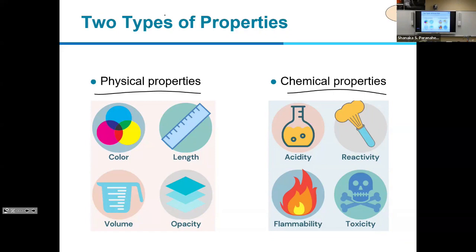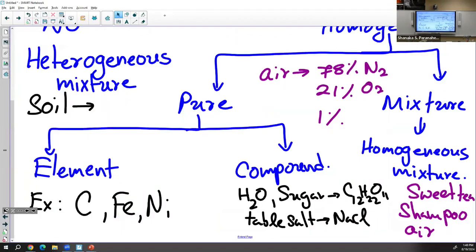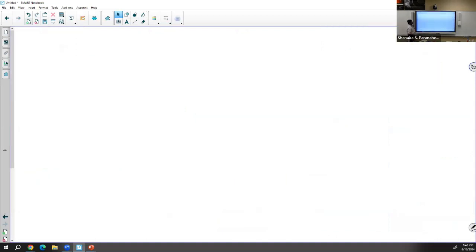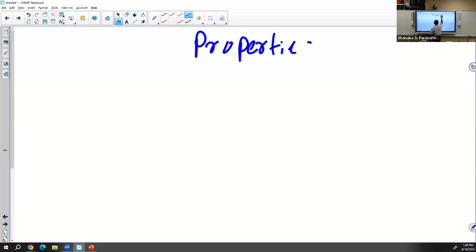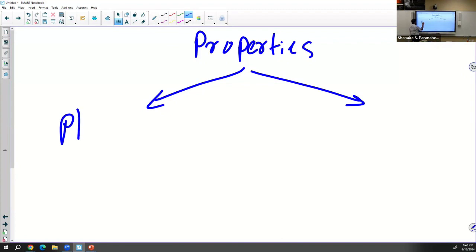Physical properties are the properties that we can take without changing the identity of the substance. That's an example. Properties can be divided into two types: physical and chemical.